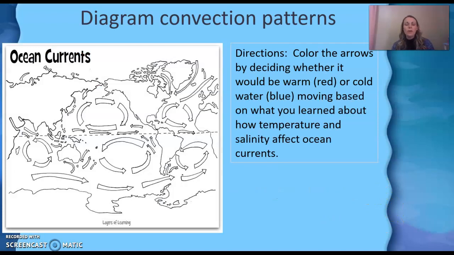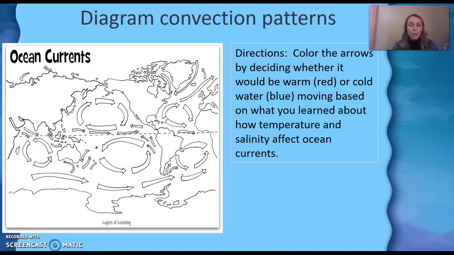So our second part of this was diagram convection patterns. And while we don't have a lot of time to discuss this today, over the weekend, I want you to take a look at this worksheet. You are going to color the arrows by deciding whether it would be warm or cold water based on what you learned about how temperature and salinity affect ocean currents.